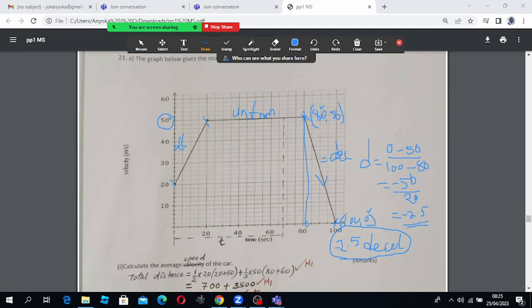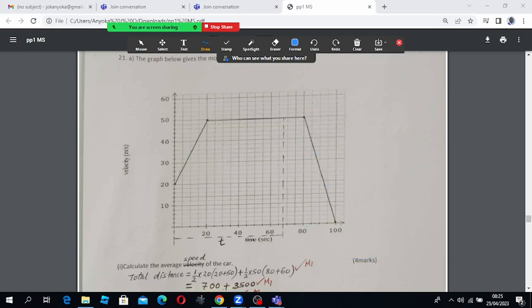But leave your answer at the negative level. Agreed? So the acceleration gradient is positive, then uniform speed, and the deceleration gradient is the negative gradient. Good.